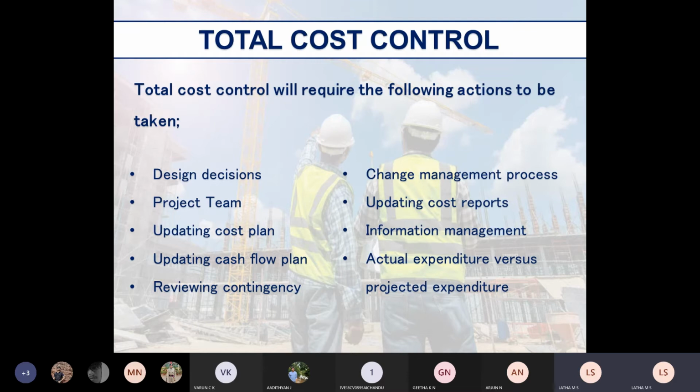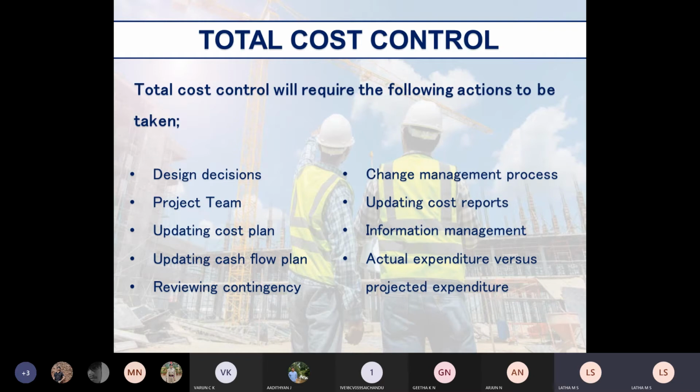They may welcome you. So cost project reporting is very important, and these are the cost controls which are required: design decisions, project team, updating cost plan, updating cash plan, reviewing contingency. Contingency means some extra money.